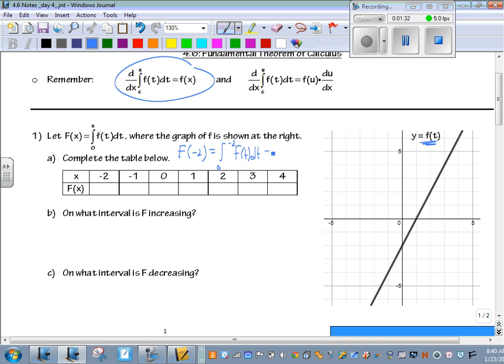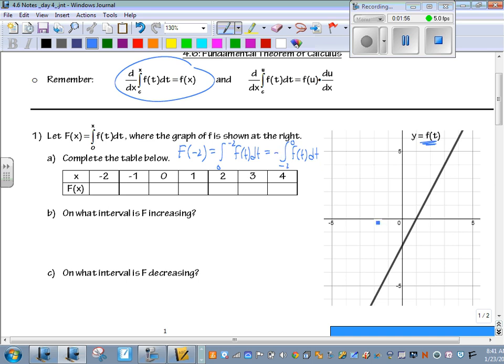So how can we fix that? We talked about this yesterday. Switch A and B, but what else do we have to take into account? Negative on front, right, to keep things the same, because by switching A and B it makes it the opposite, and then by putting the negative it keeps it the same as the original. So we want to find the area under the curve from negative 2 to 0 of f of t dt, and then we're multiplying that basically by negative 1.